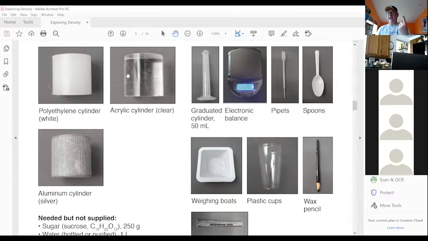And milk has got fat in it, which is going to decrease the density, and it's got protein in it, which is going to increase the density. So it's got both those things. Yeah, so everyone has their weigh boats.